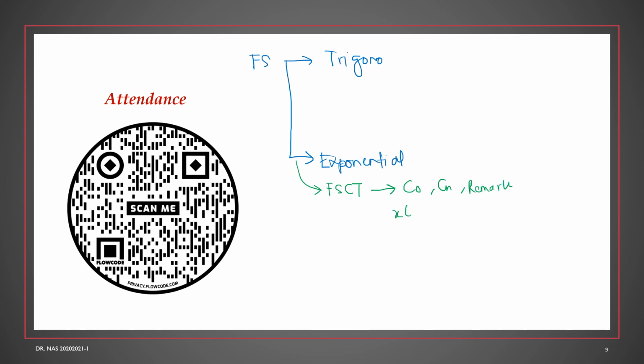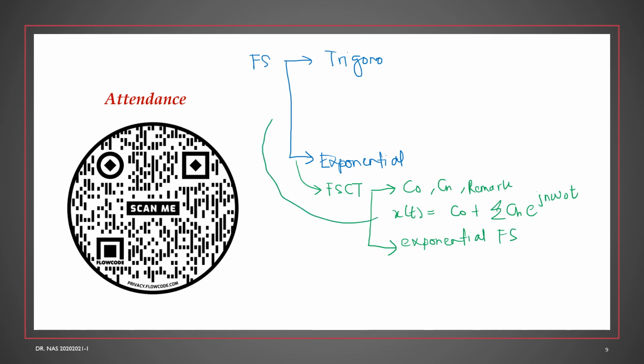For example, x(t) equals C naught plus the summation of Cn e^(j n omega naught t). And from the table, when you compare the given signal, you will get the exponential Fourier series. In order to get the trigonometric form, you need to convert this exponential into trigonometric form by using Euler's theorem.